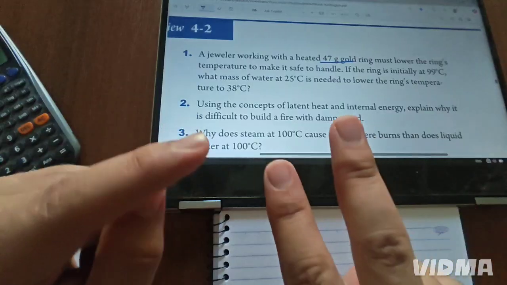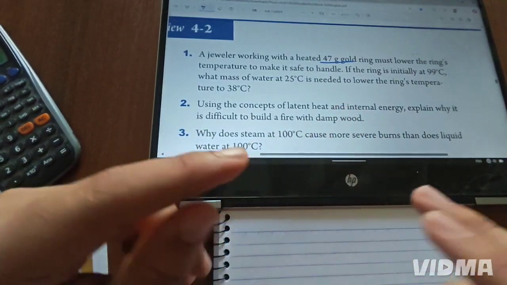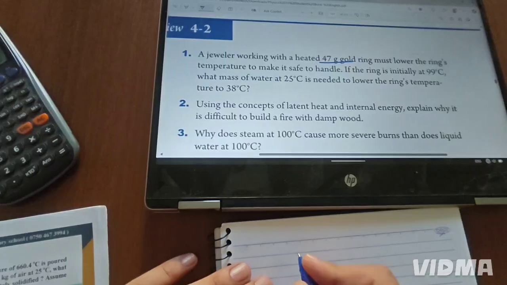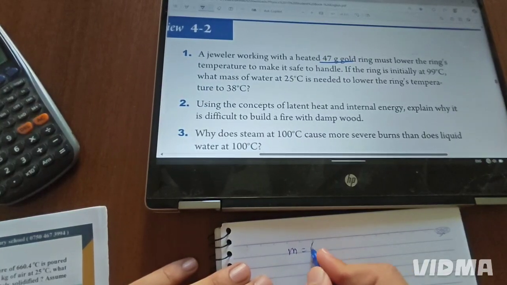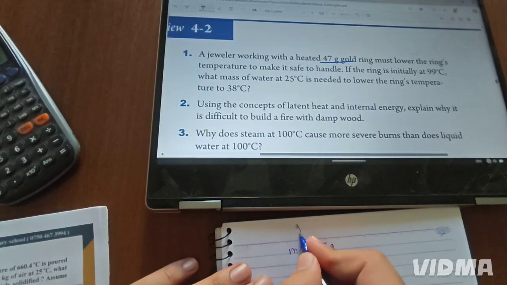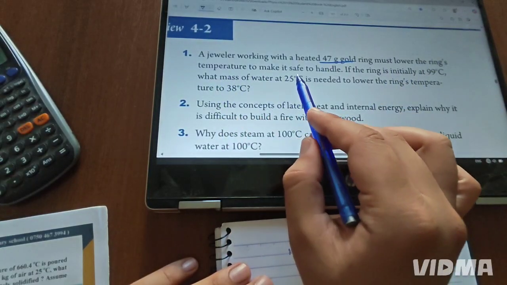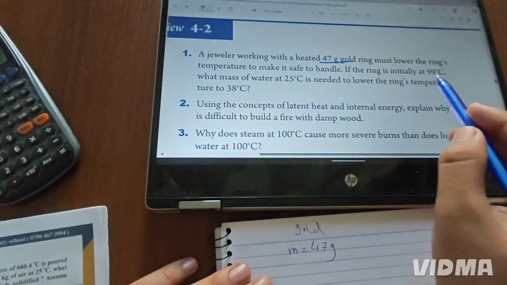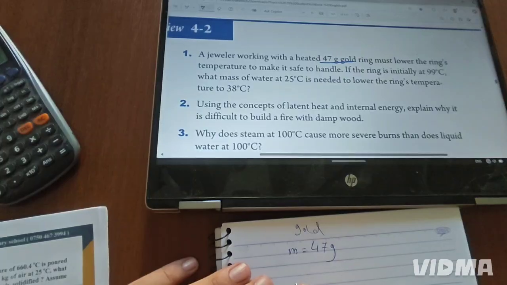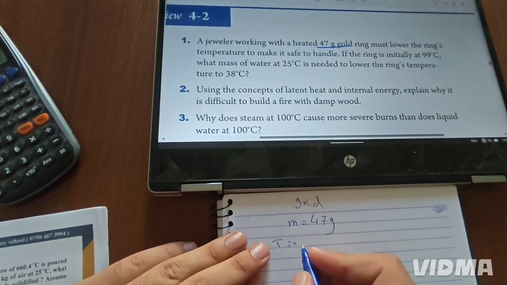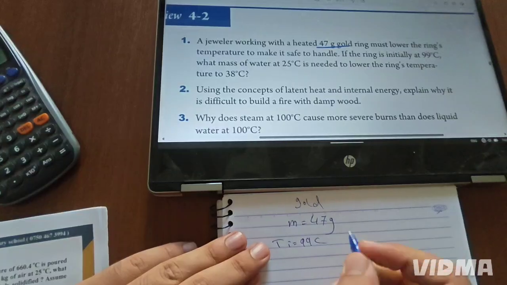If you remember, this topic was between two objects, for example gold and water. Here we have gold, the gold mass is 47 gram, and must lower the ring's temperature to make it easier to handle. The first temperature of the ring, Ti, is 99 Celsius.